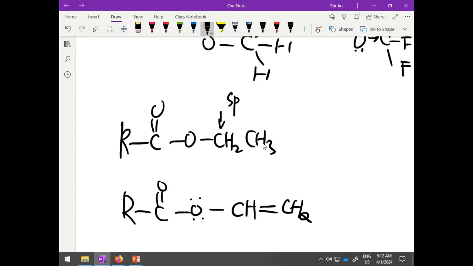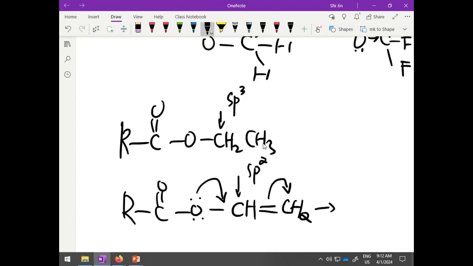So this one is sp3. This one is sp2. So sp2, as we know, is generally more electron withdrawing than sp3. So that makes the oxygen lone pair less available. And the other argument we can make is that the lone pair here can also be donated to the double bond.